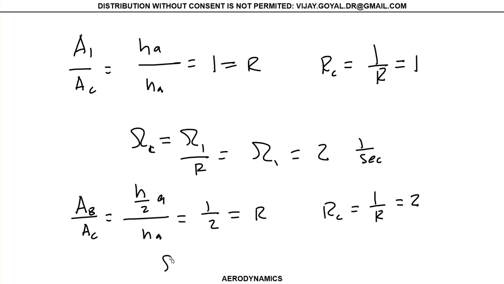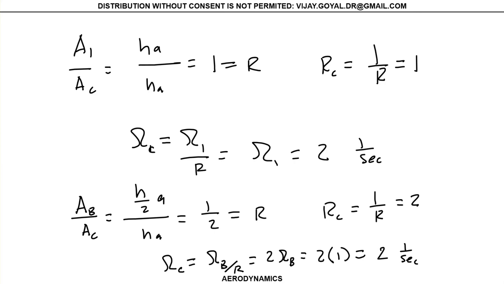So now my vorticity at C will be vorticity at B divided by R, which is 1/2. So it gives me 2 times this. This is 2 times 1, because that's what I found here was 1. So that would give me equal to 2. Okay, 2 per second. So you can see the vorticity value that you are getting, you will get the same value no matter what.